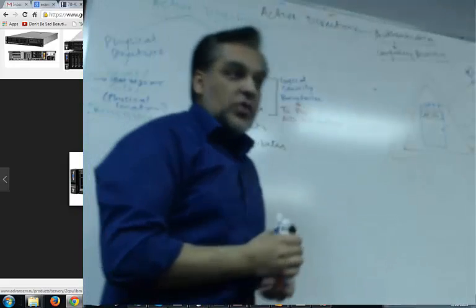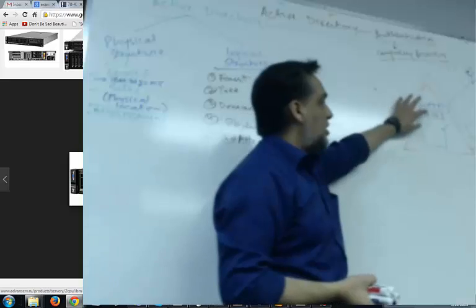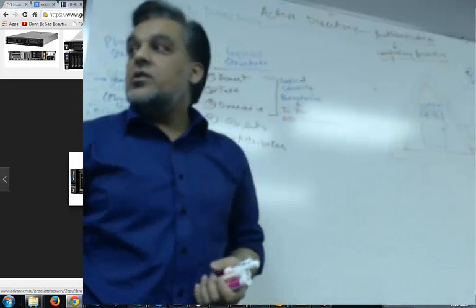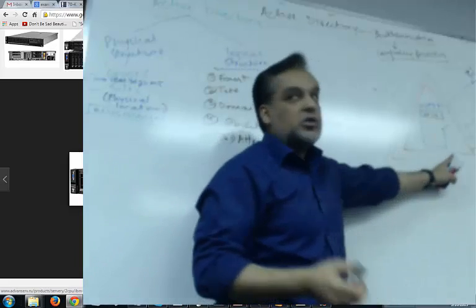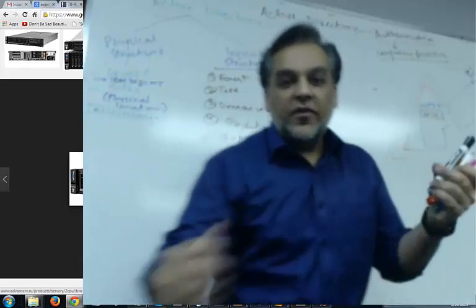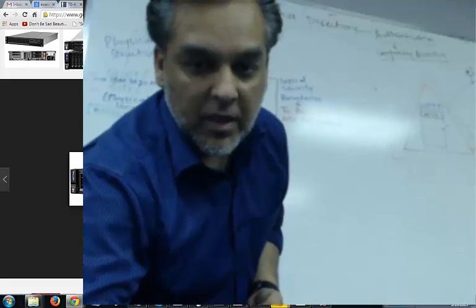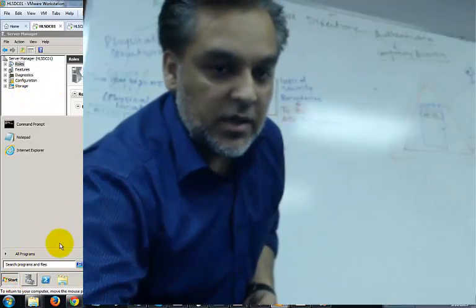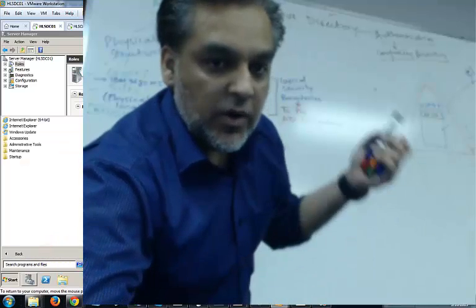As soon as you add this role and run DC promo, this structure is automatically made. So if I go into my server here, how do I verify Active Directory?